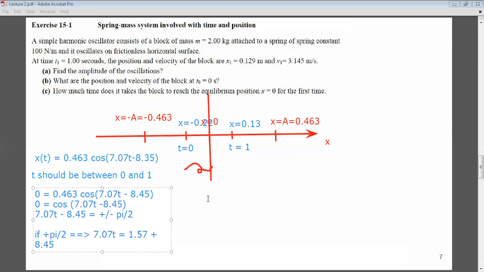Or 7.07t is equal to 10.02, which implies t is equal to 1.4. So this is higher than 1, so rejected.